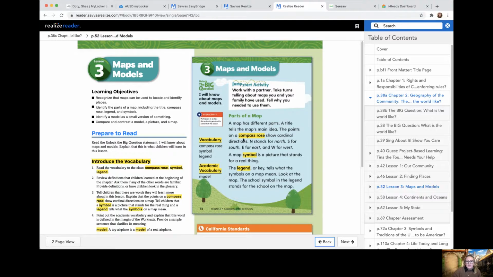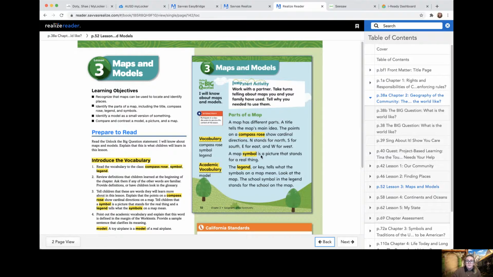The points on a compass rose show cardinal directions. So we just learned that our cardinal directions are north, south, east, and west. So the compass rose shows us those cardinal directions.